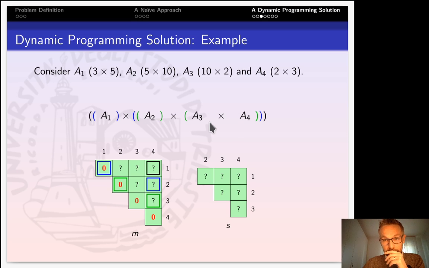Again, this cell contains the number of scalar multiplications required to solve this chain matrix multiplication instance, while this cell represents the number required to solve the other instance. Okay, again, this instance of the problem can be split in two different subproblems. The first one having one single matrix, and the second one having again one single matrix, as we saw.